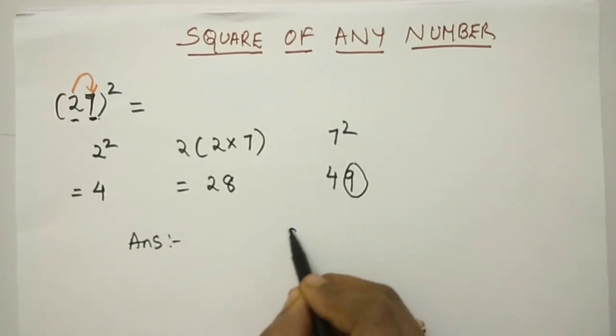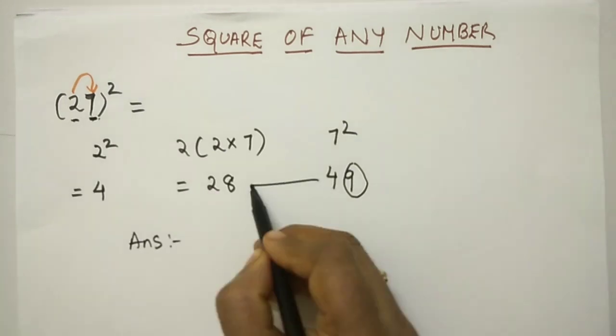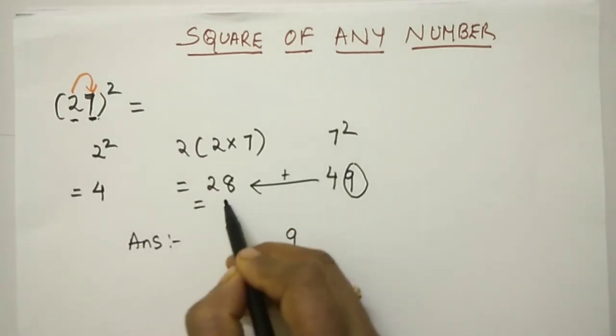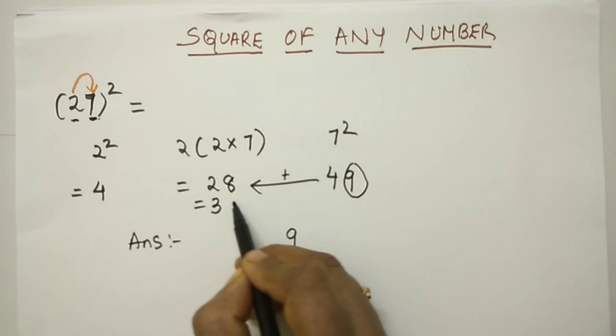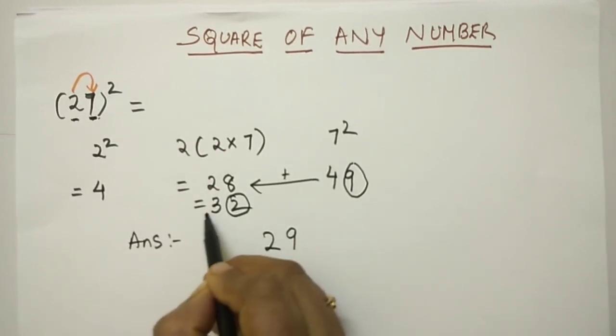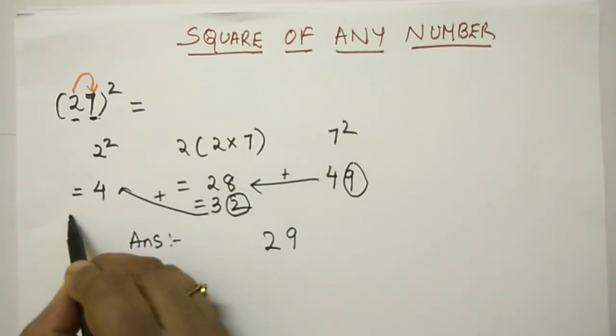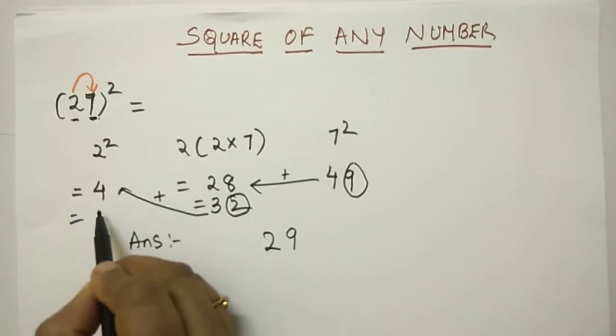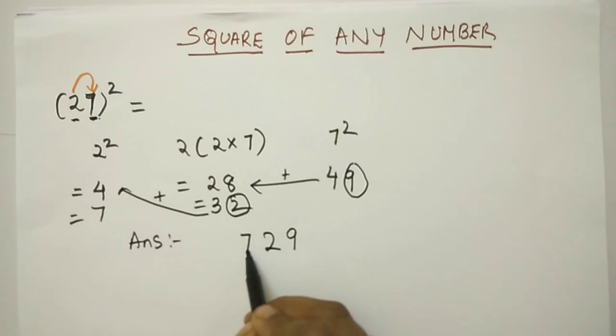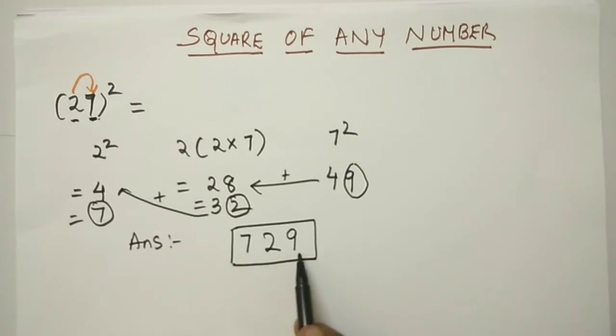Write down this 9 here. Carry this 4 to here. This becomes 32. Is it not? Write down here 2. Now carry this 3 to here. This becomes 7. So the answer is 729.